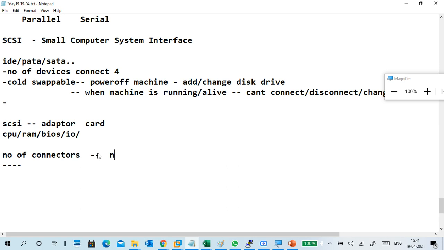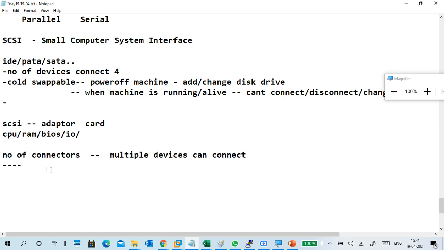So then multiple devices can connect. Okay, multiple devices connect.